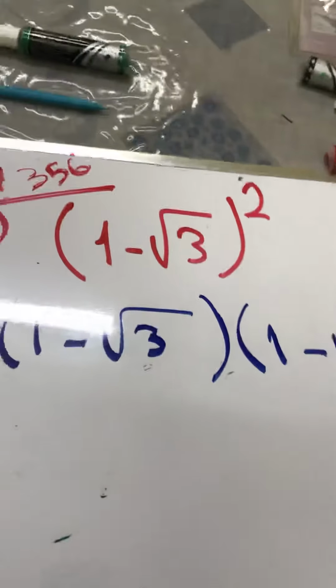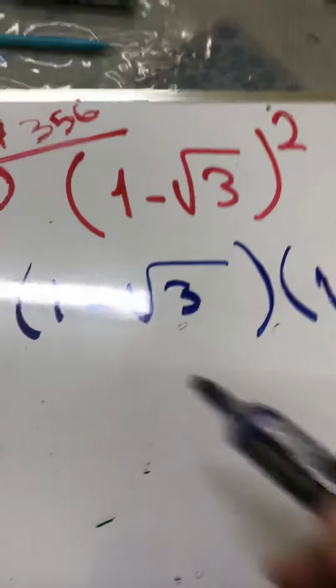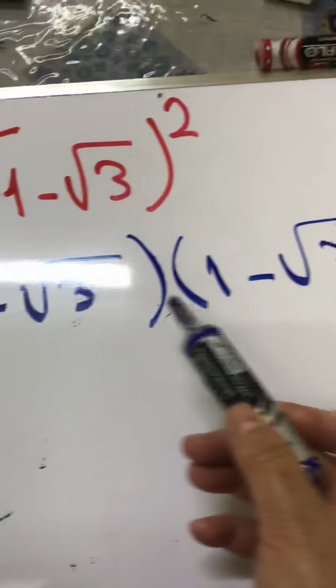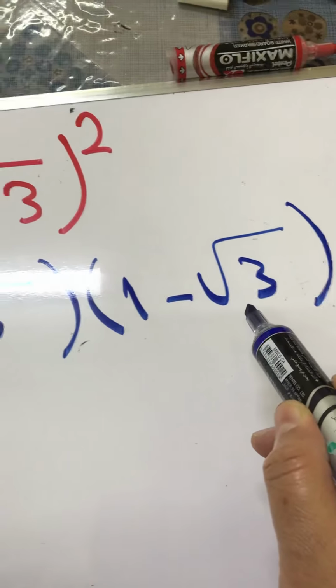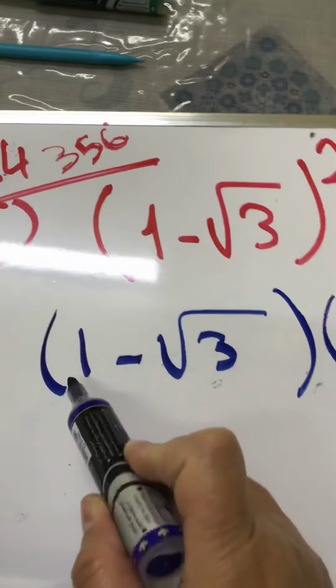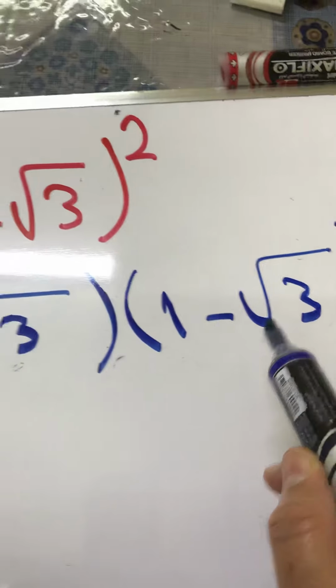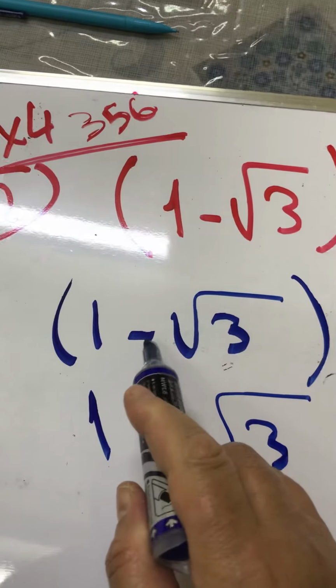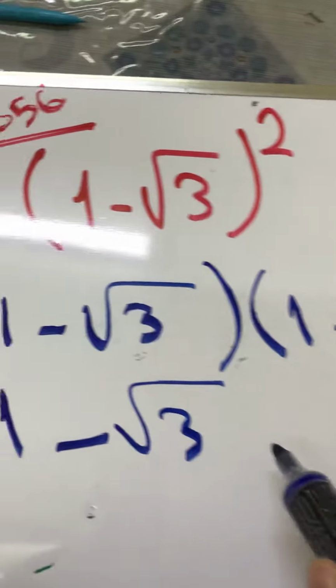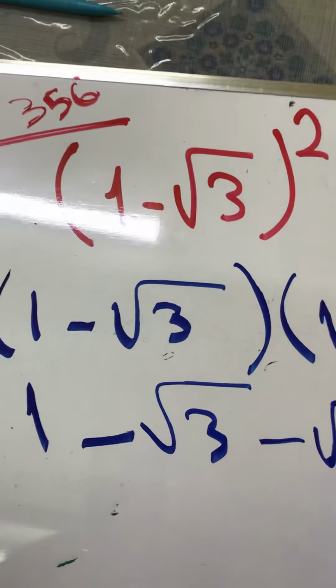Okay? And then take 1 multiply 1 equal 1. Then 1 multiply negative square root of 3 equal negative square root of 3. Now, negative square root of 3 multiply 1 equal negative square root of 3.